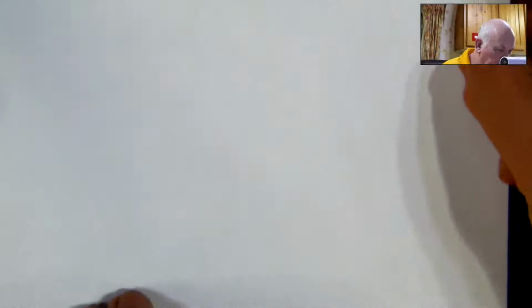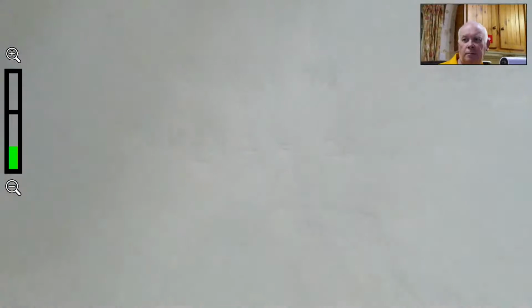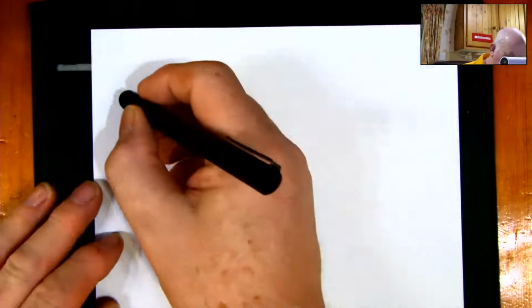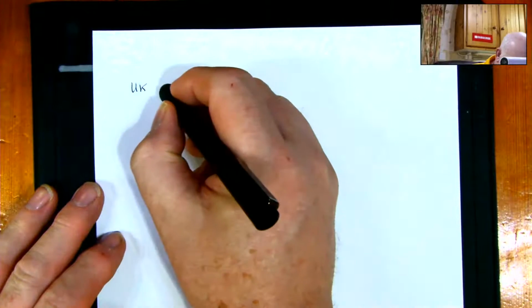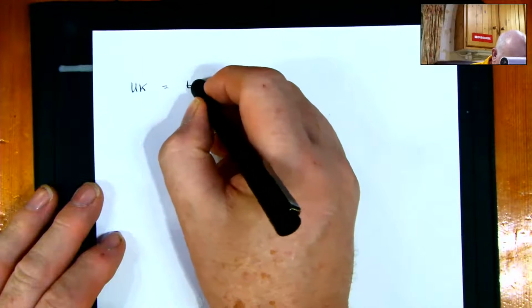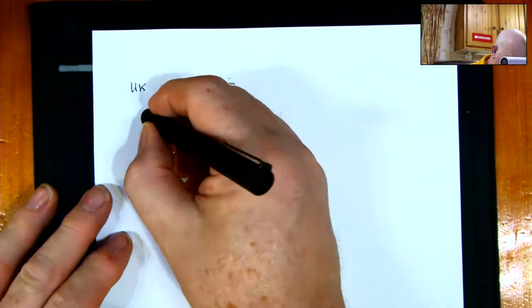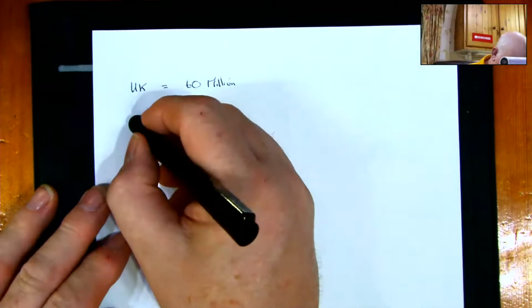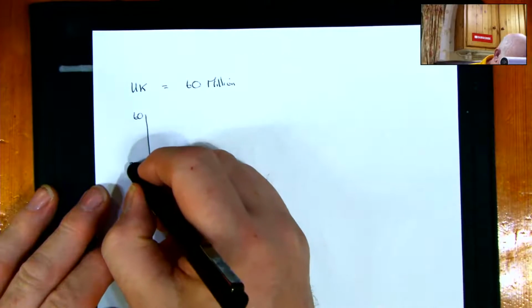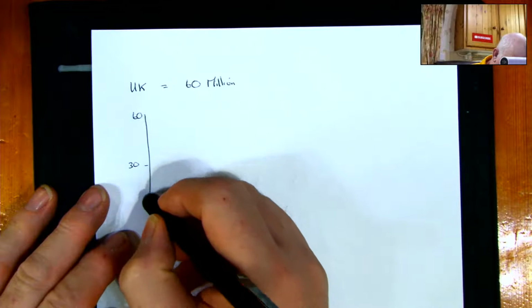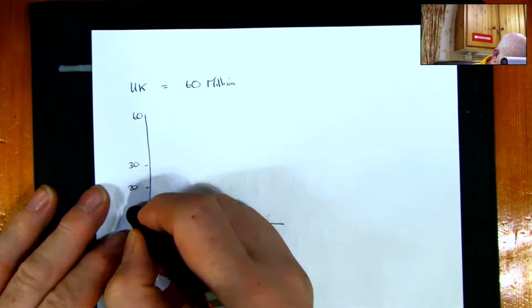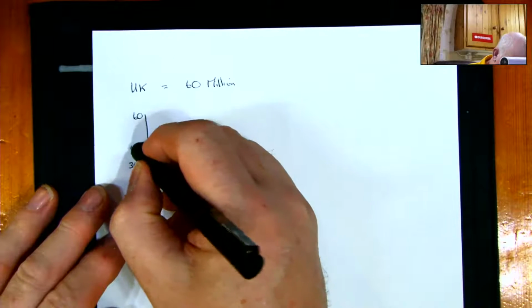Now, why don't we get an exponential graph working like this for the entire population? Well, let's take an example of the UK. And the UK has got something like about, let's say, 60 million people. Okay, so let's draw a graph with 60 million people on it. Here we go, 30 million, and we'll just do this with simple millions.